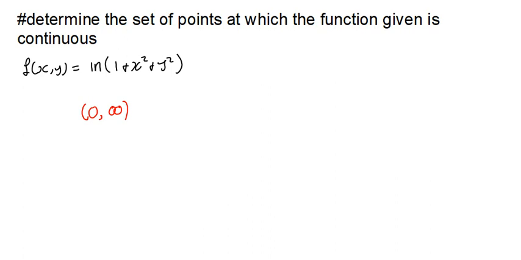But on second thought, if we say it's from 0 to positive infinity, meaning we neglect all the negatives, that is true, but I would say it's only partially true, because what I observe here is that even if I substitute a negative number there, I'm going to get a positive.